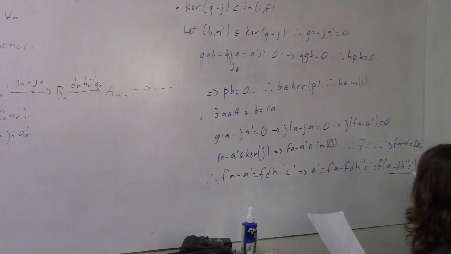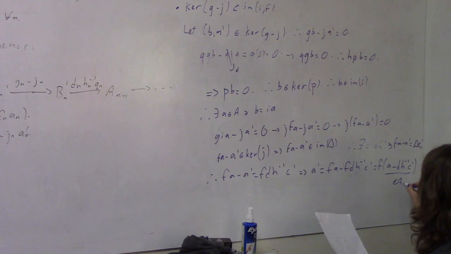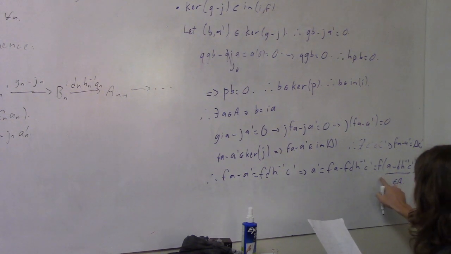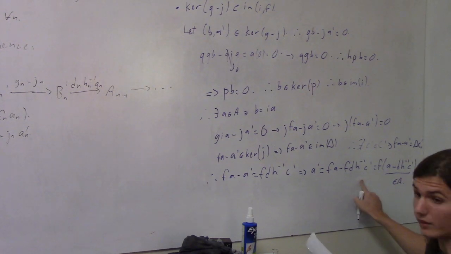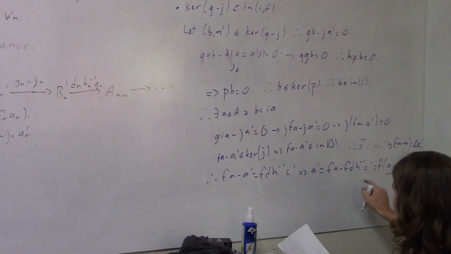Oh, but now we have a different element of A, such that this maps to A prime. So this actually looks like a better candidate. Let's see if it maps to B with respect to I.